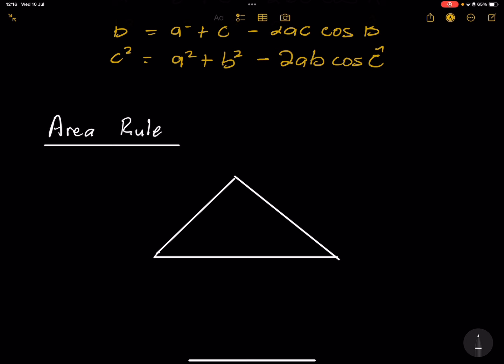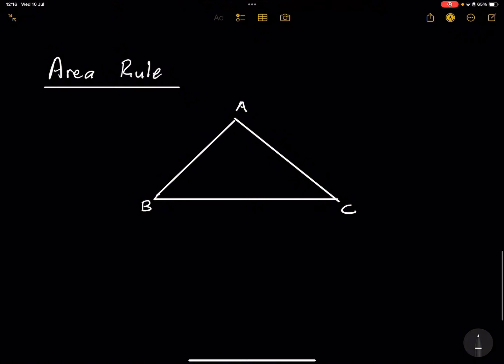So what do you do in that case? We simply say that the area of triangle ABC, again, uses two sides and an included angle. Let's say this is a, this is b, and this is c.